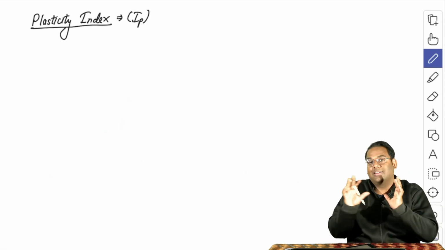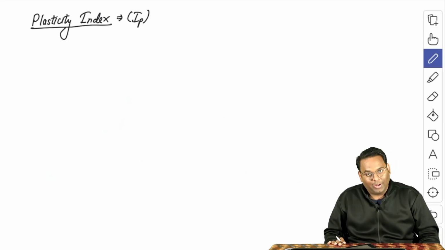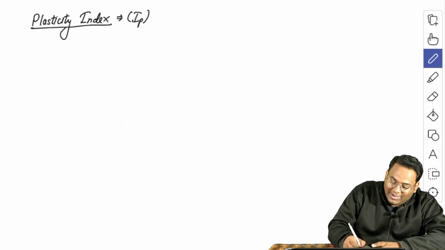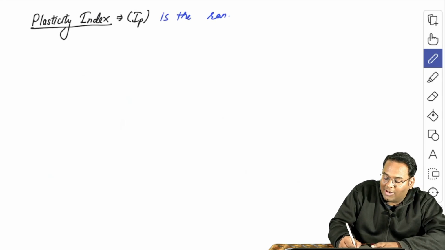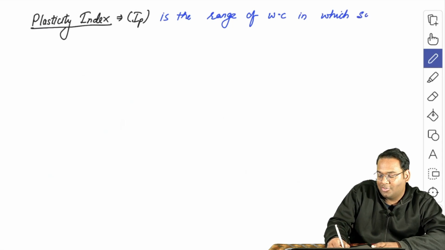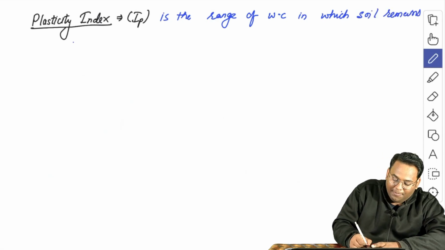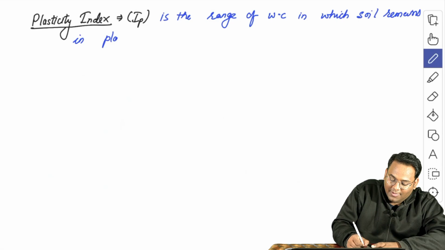It is the difference between liquid limit and plastic limit for any particular soil. But what is it in terms of range of water content? It is the range of water content in which soil remains in plastic state.